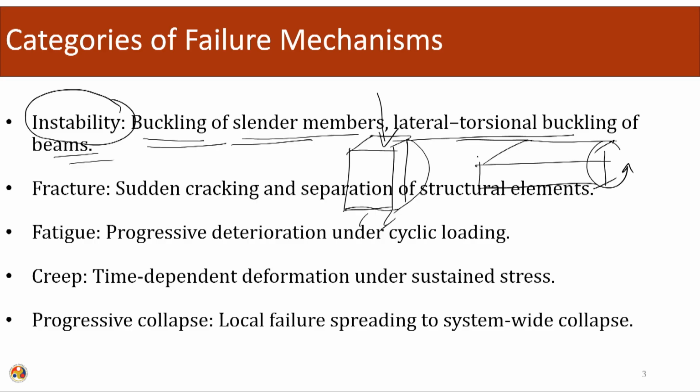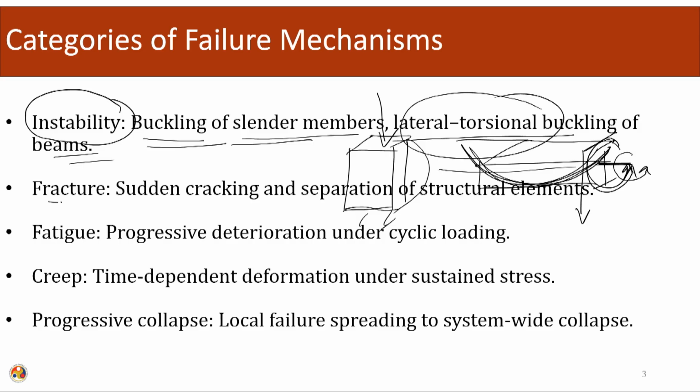Remember, we design our beam mostly to resist flexural demand as well as shear demand. If there is a torsion across the longitudinal section, normally we do not design for it. So, if this occurs due to any accidental load or mishaps, the section is bound to buckle, and there will be a lateral torsional buckling in my section.